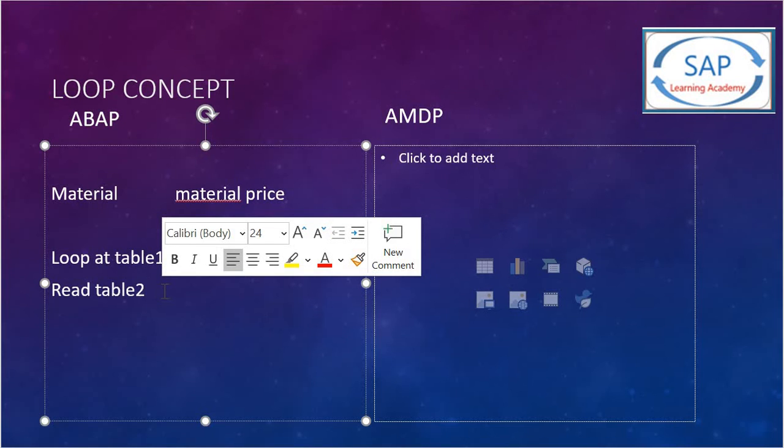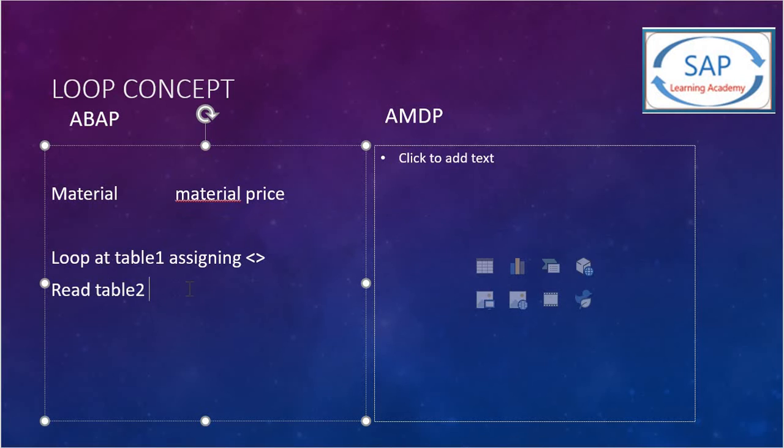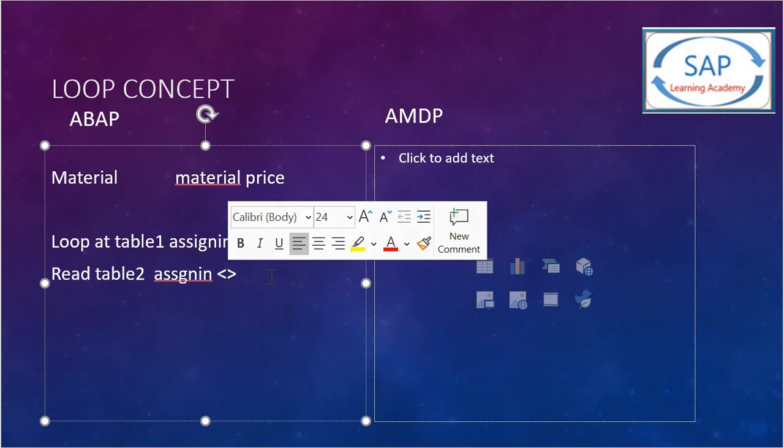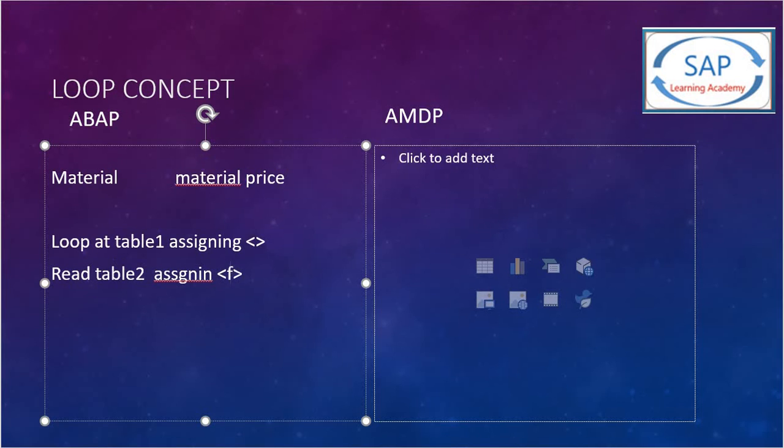So you will be reading here, and you can also assign the data into one field symbol. And then you have to write the condition. Suppose the field symbol name here is fs2 and the other is fs1.